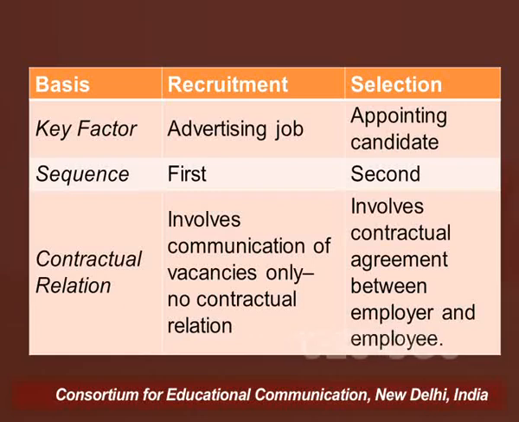Now, the key factor of recruitment is that we are advertising the job. The basic purpose is advertising and calling people on the basis of those advertisements. And the key factor for selection is appointing the candidate. If we compare the sequence of the processes, recruitment comes first and selection comes second. As for the contractual relation, recruitment involves communication of vacancies only.